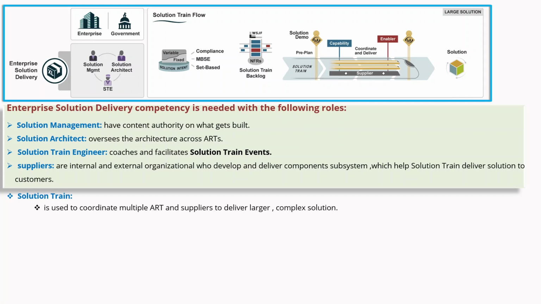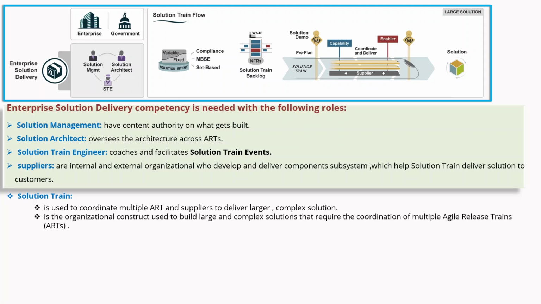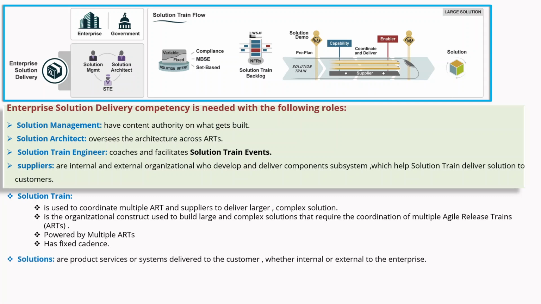It is used to coordinate multiple ARTs and suppliers to deliver large complex solutions. It is the organizational construct used to build large and complex solutions that require the coordination of multiple agile release trains, and it is powered by multiple ARTs, and it has a fixed cadence.